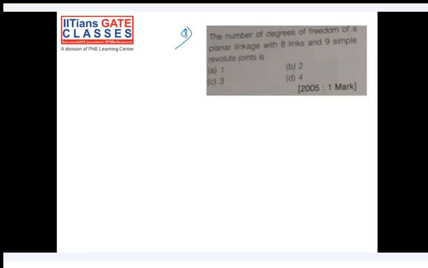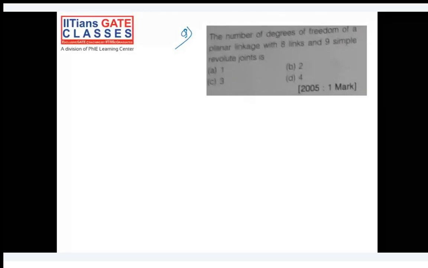The number of degrees of freedom of a planar linkage with 8 links and 9 simple revolute pairs is. Okay, try to solve this. It's not that difficult.